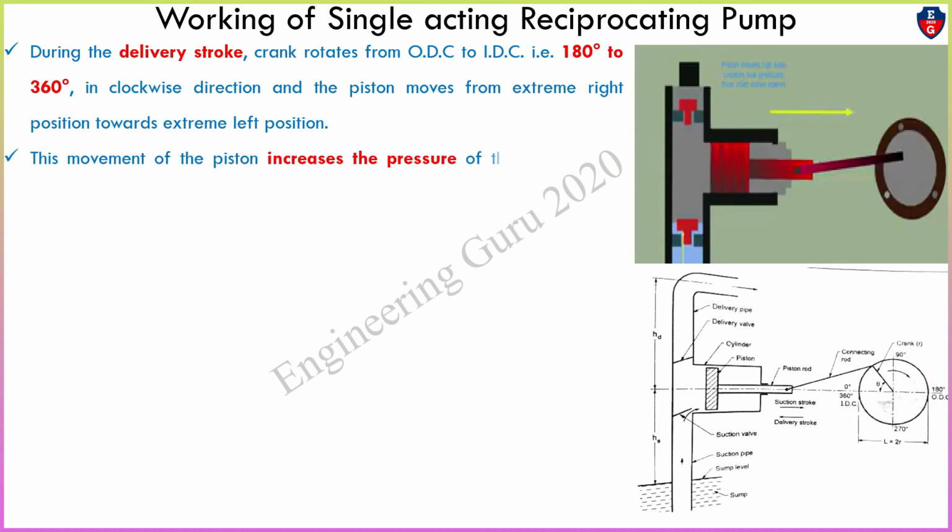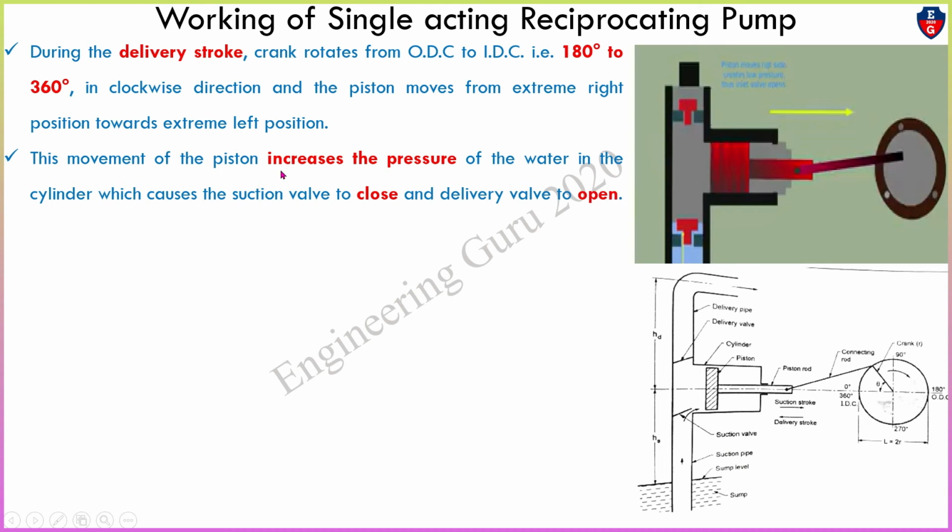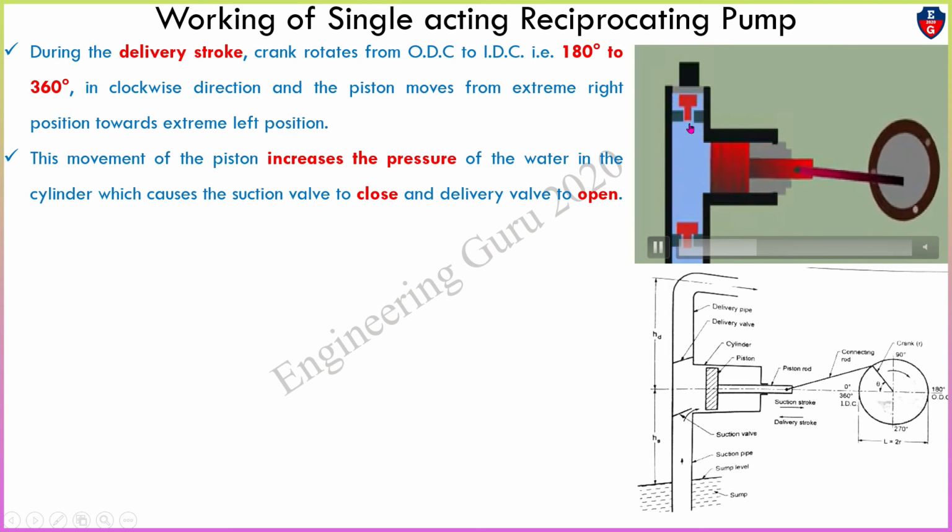This movement of the piston increases the pressure. This is the most important. At this moment, the piston increases the pressure of the water in the cylinder, which causes the suction valve to close and the delivery valve to open. So due to the increased pressure, the suction valve, this valve, will be closed and this delivery valve will be open. You can see here this is pressure release. So this delivery valve opens and this valve will be closed.